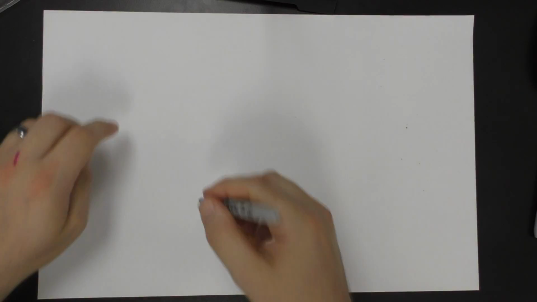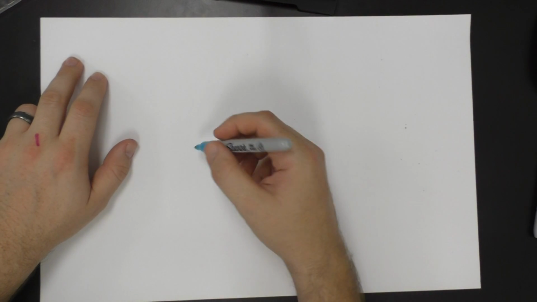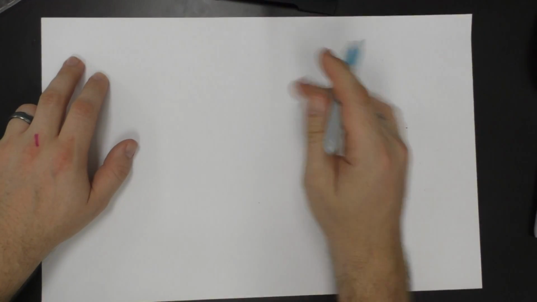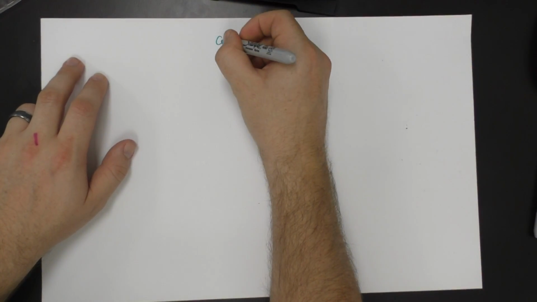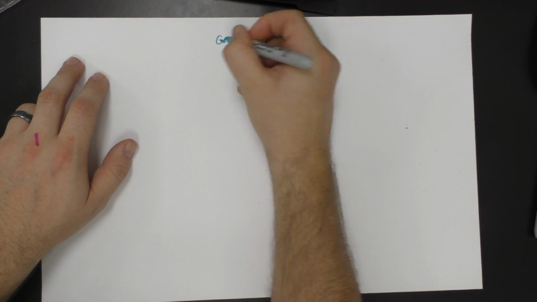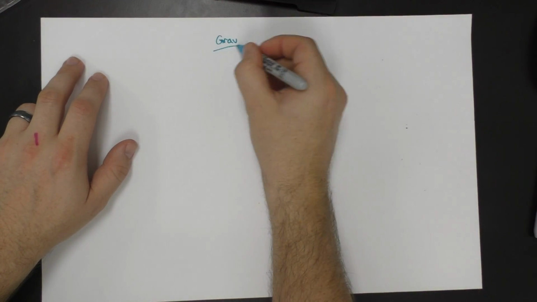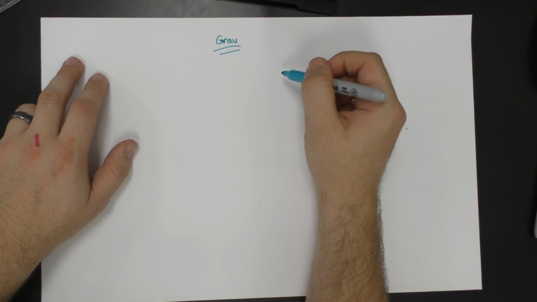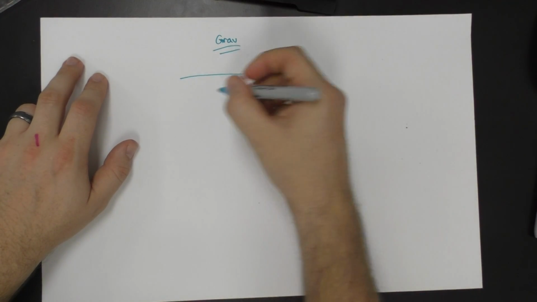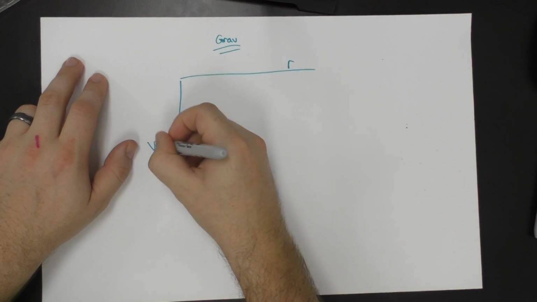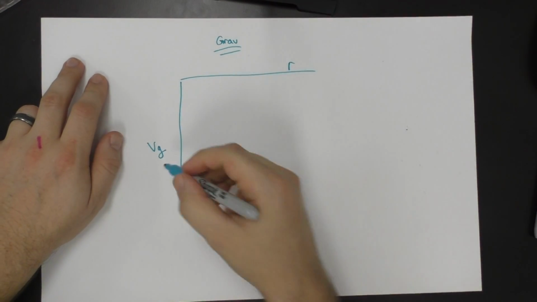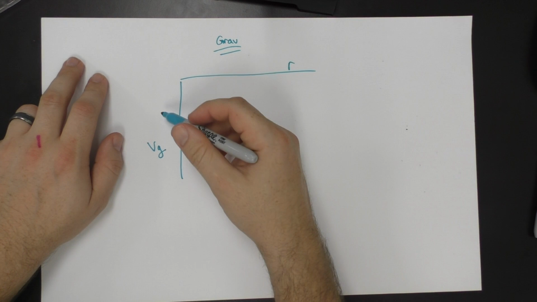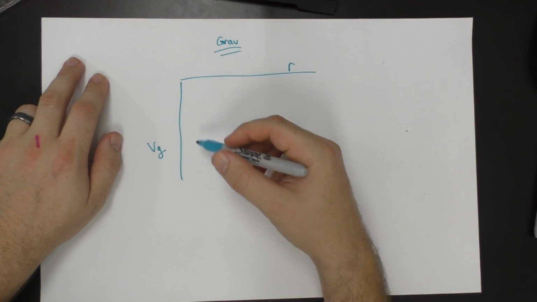So graphically, we can say that if we look at each situation in turn, we're going to look at gravitational first, just to really hammer that home. So gravitational potential. If we were to look at a graph of gravitational potential against radius, notice it's a negative value because gravitational potentials are negative.